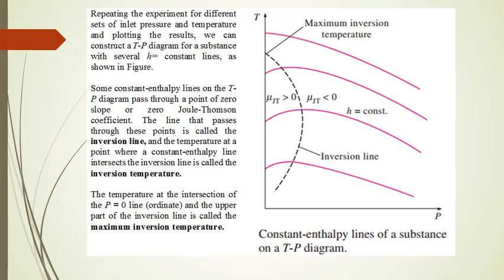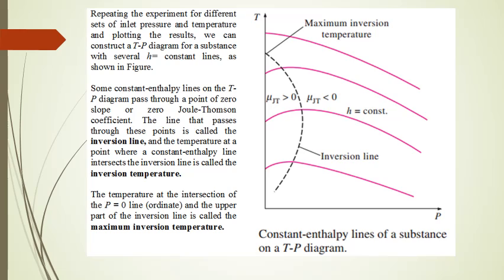Now we repeat the experiment for different sets of inlet pressure and temperature, and we plot the results. Thereby we can construct a TP diagram for a substance with several constant enthalpy lines. Some constant enthalpy lines on the TP diagram pass through a point of zero slope, or zero Joule-Thomson coefficient.